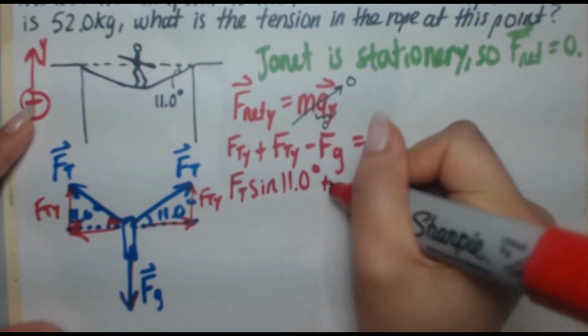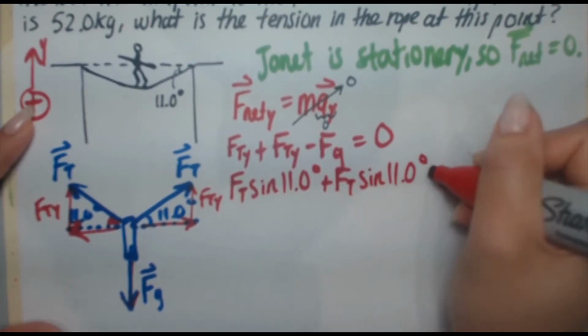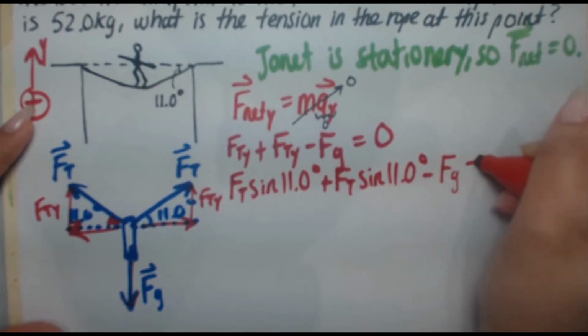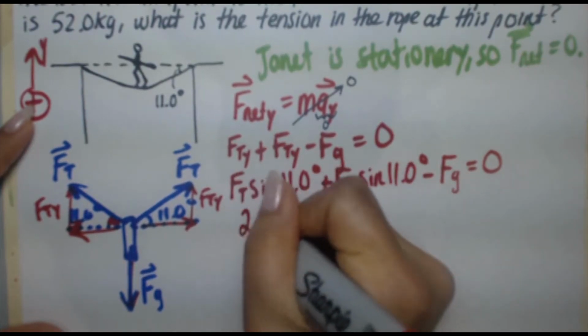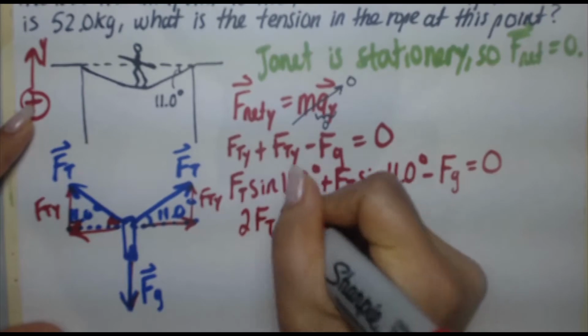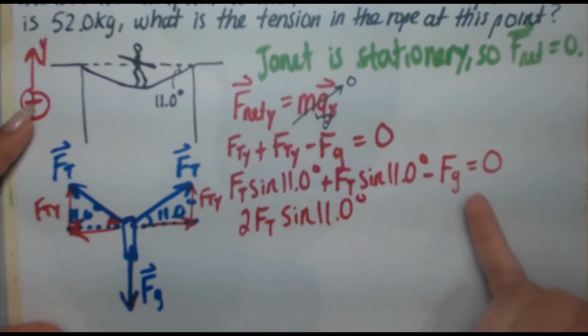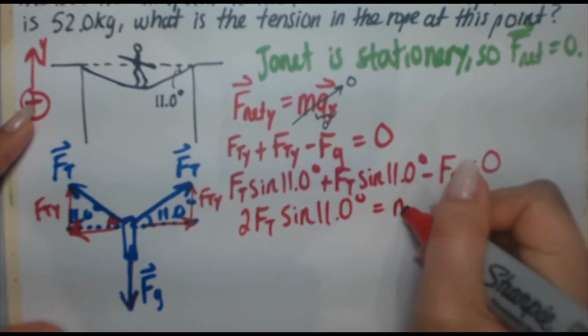Then FT sine 11.0 degrees plus FT sine 11.0 degrees minus Fg equals 0. Combining those, we get 2 FT sine 11.0 degrees, and I'm going to take that Fg and bring it to the right side, so that's equal to mg.